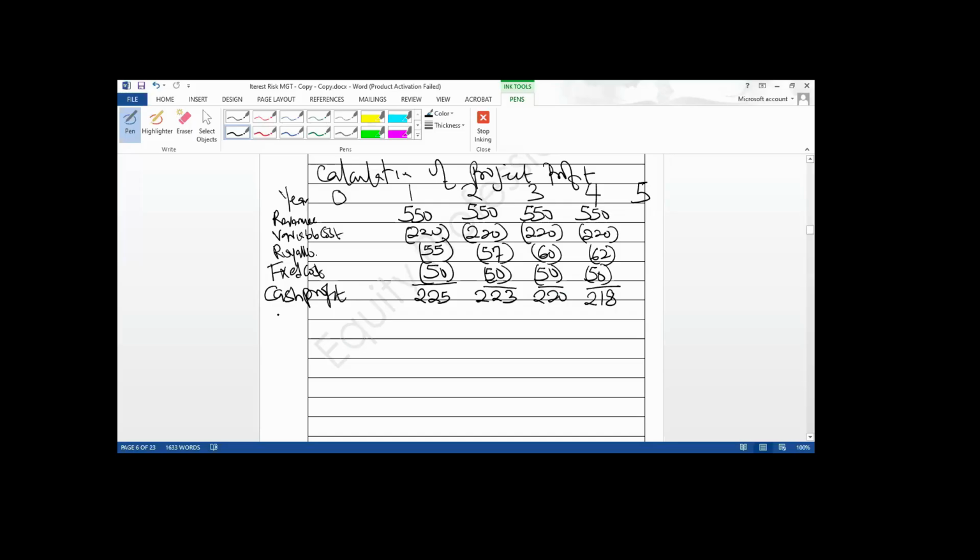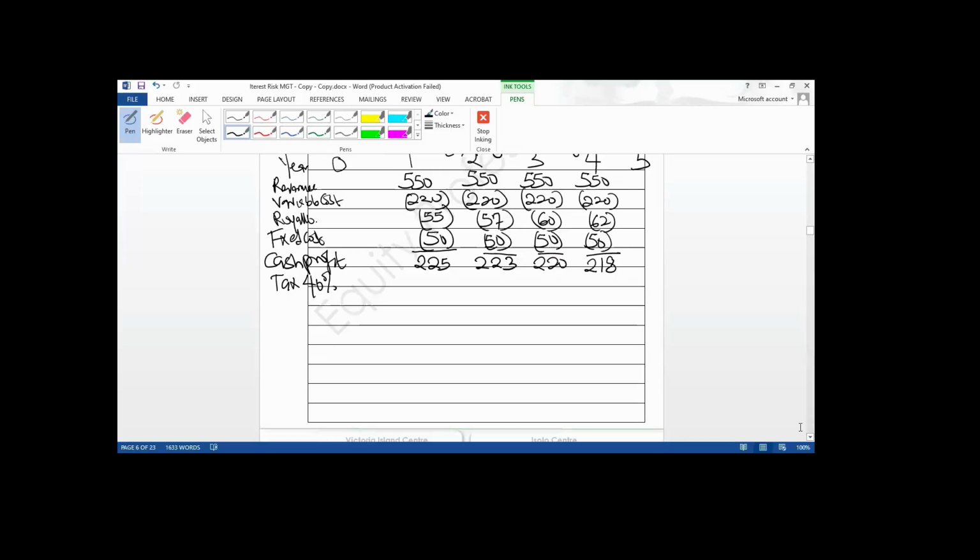Now tax. The foreign country will tax you 40%, payable in arrears. 40% of 225 is 90.